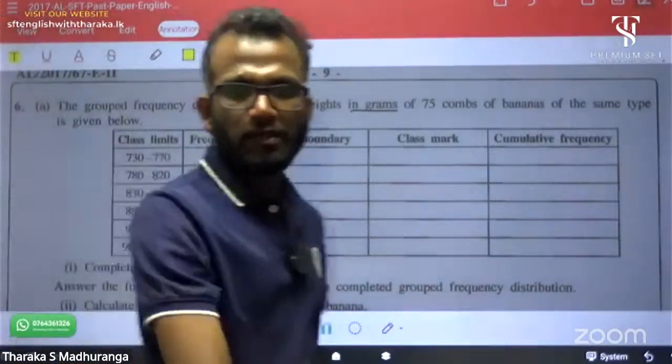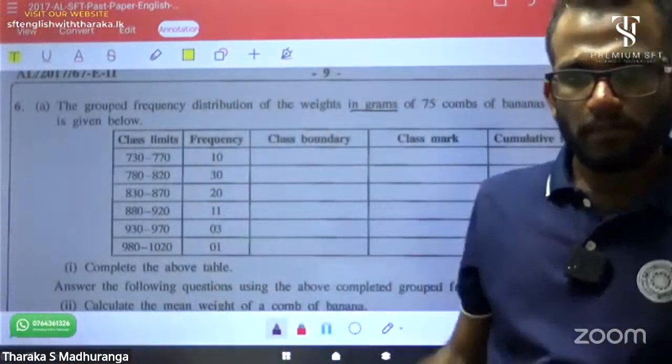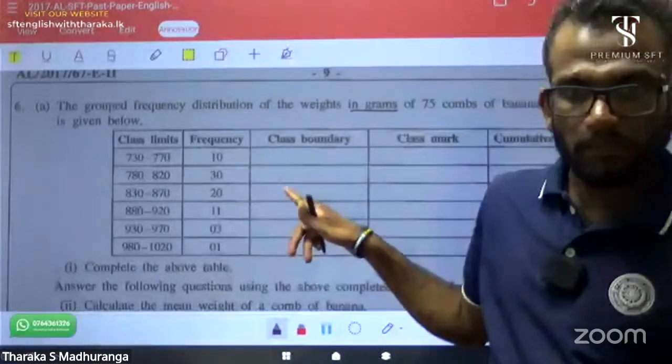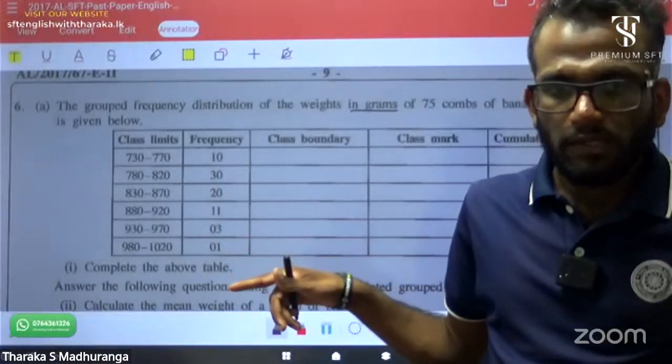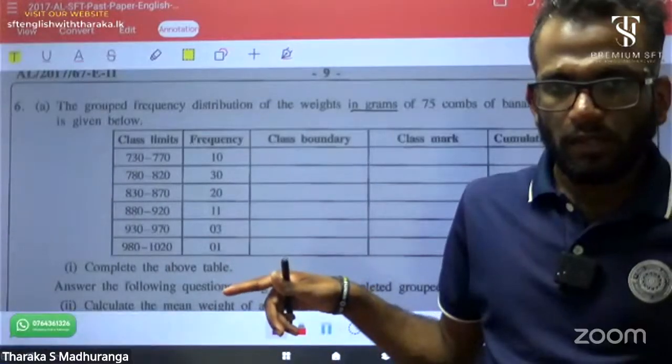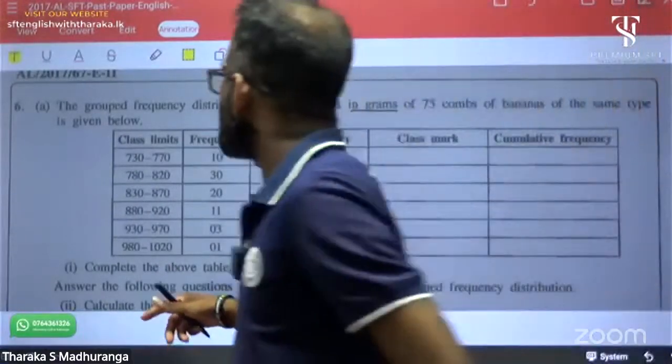Complete the above table. Hari, has the table been drawn? Yes, right?